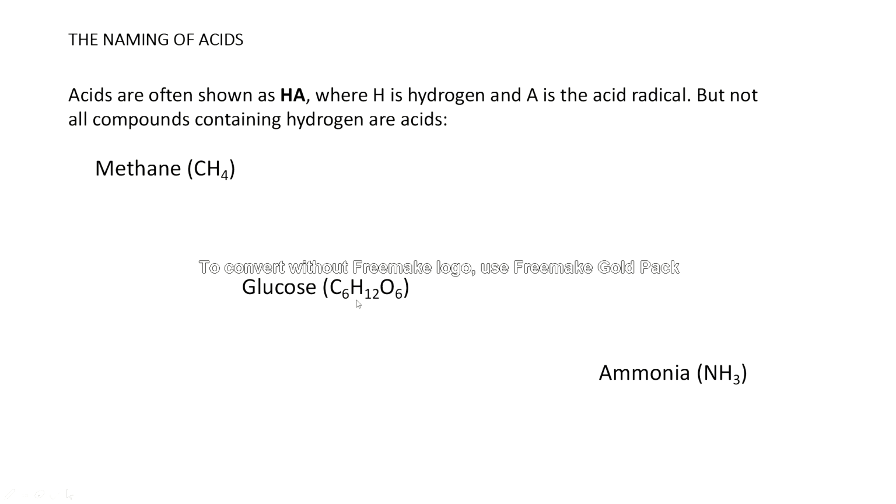Methane has 4 atoms of hydrogen, glucose has 12 atoms of hydrogen, and ammonia has 3 atoms of hydrogen. They have hydrogen, but they are not acids. So not all compounds that have hydrogen atoms are classified as acids.